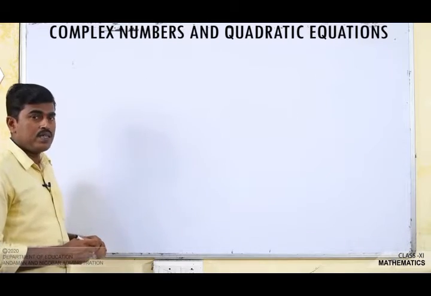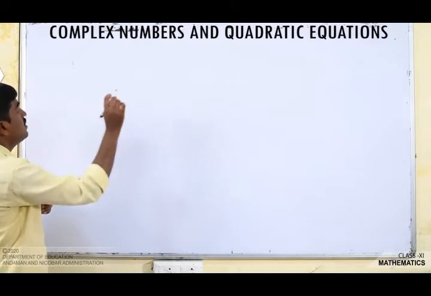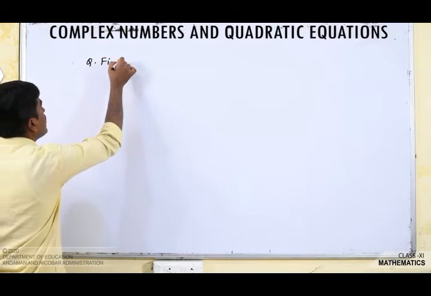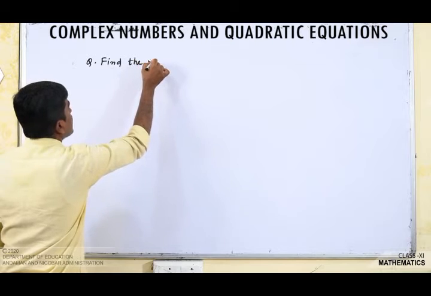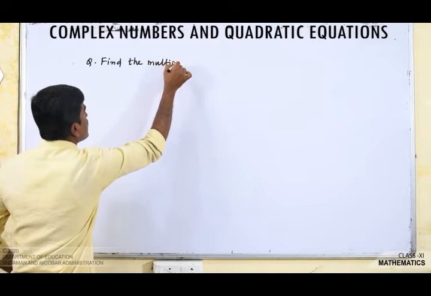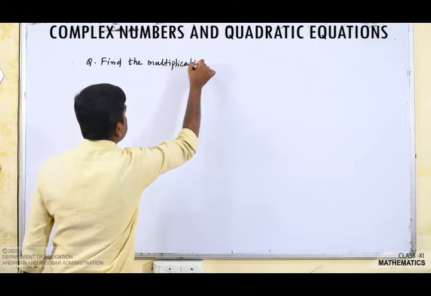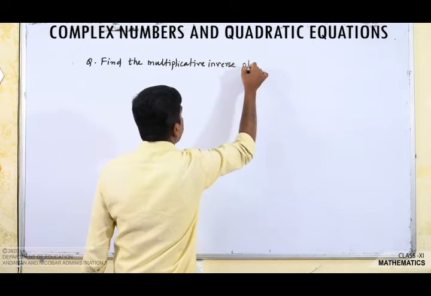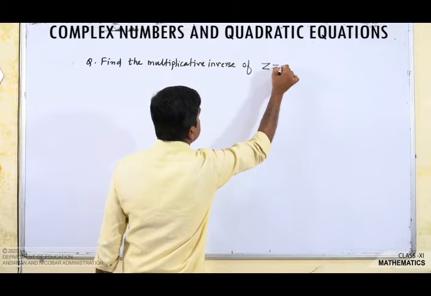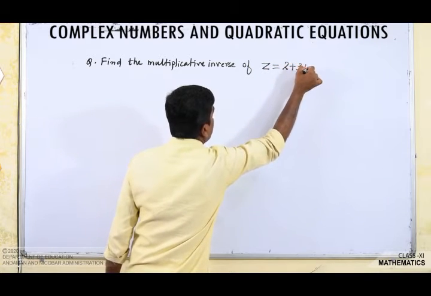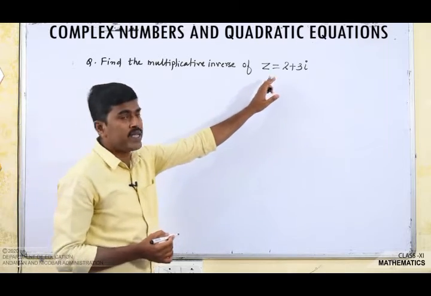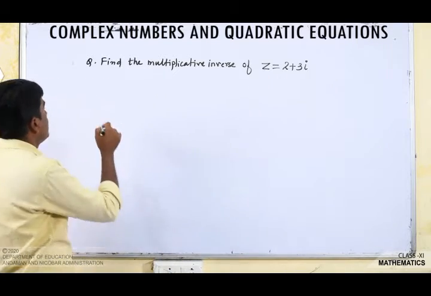Now let us see one question on how to find this multiplicative inverse. The question is, find the multiplicative inverse of the complex number z equals 2 plus 3i.